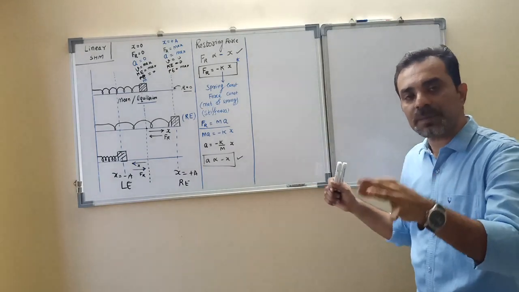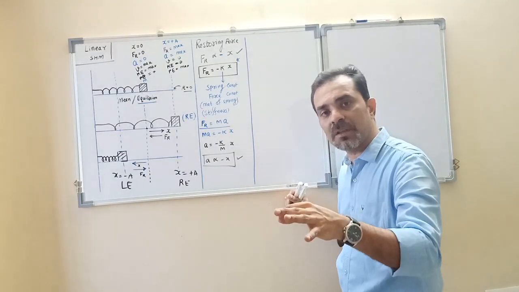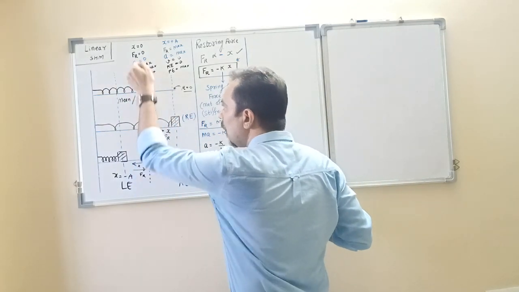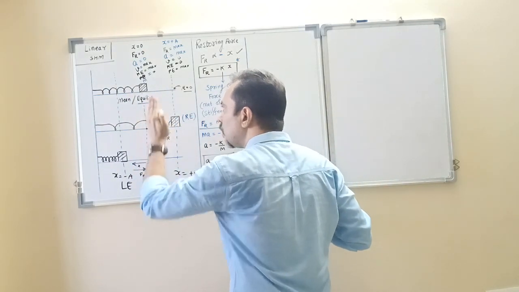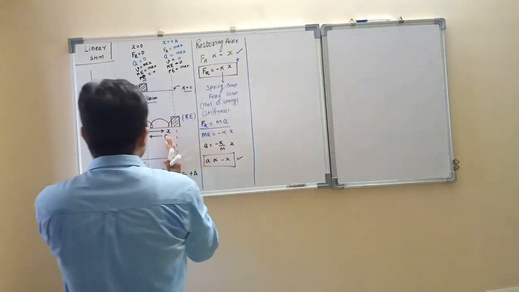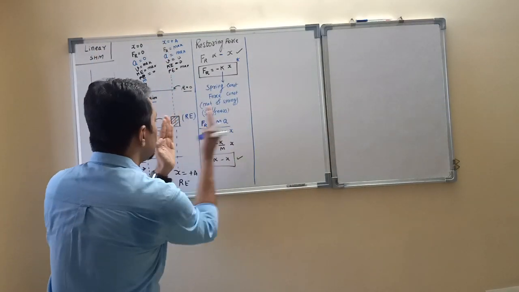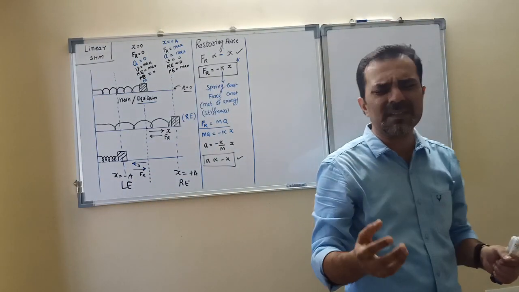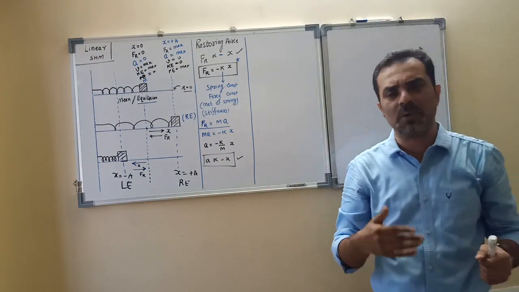So linear simple harmonic motion is the motion in which the body is moving to and fro about the mean position, between the extreme positions. देखो कभी body extreme position को cross नहीं करेंगे. To and fro motion of the particle, body, object, मैं कुछ भी बोलूँ सब same है.